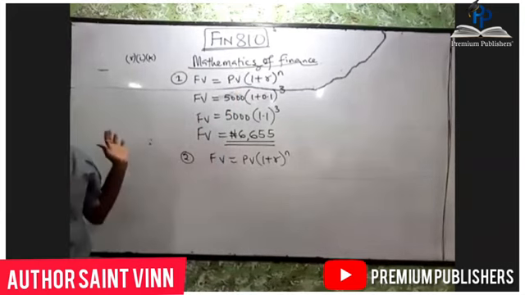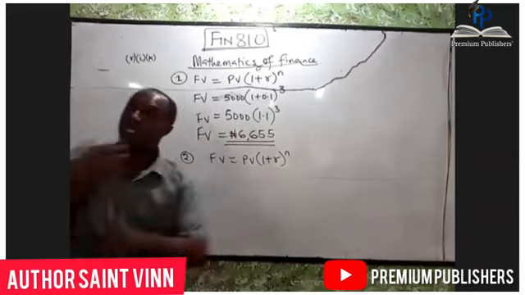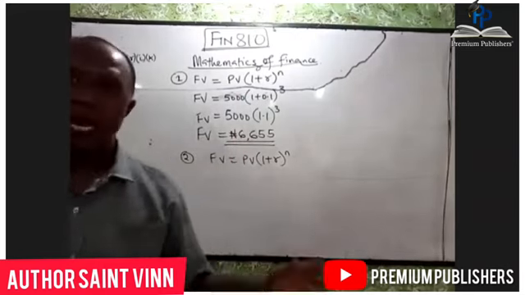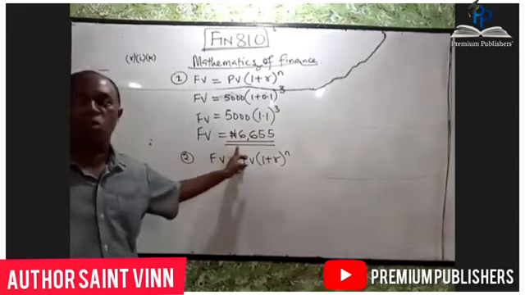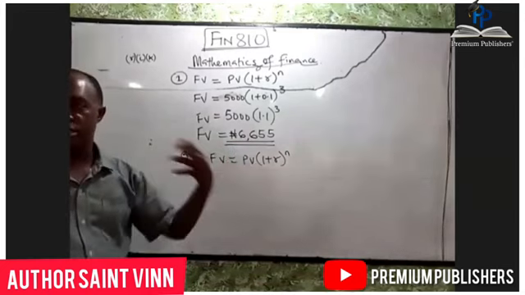And that is sorted out. With that statement, it has been interpreted mathematically. And the result shows that this is what our money will be in that bank in 3 years' time.